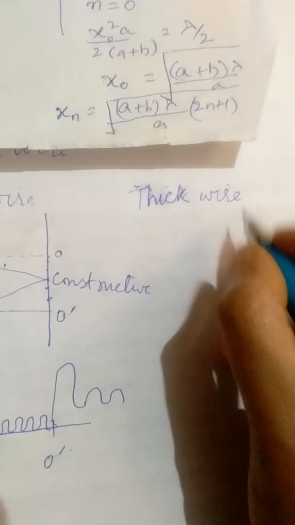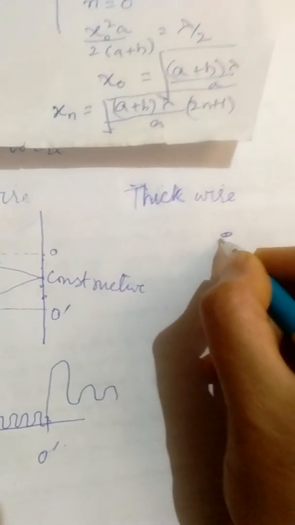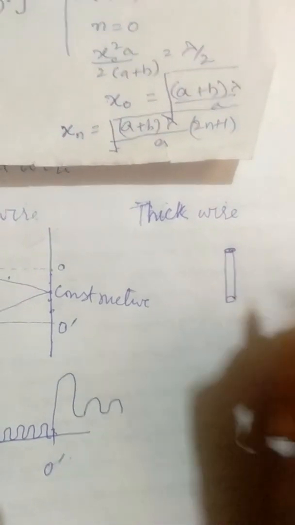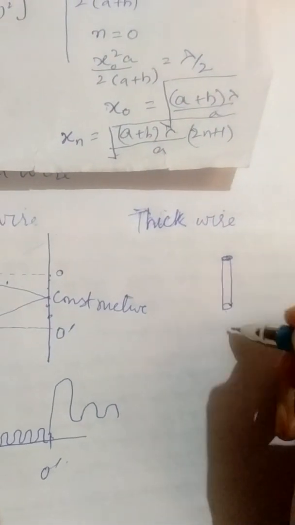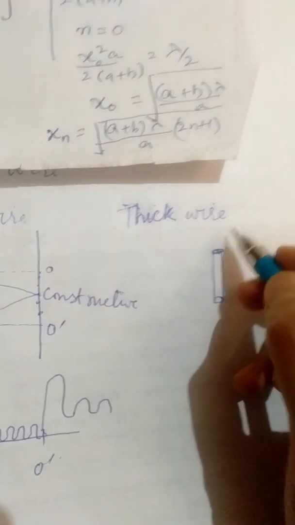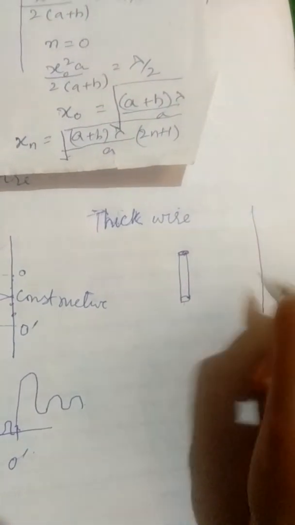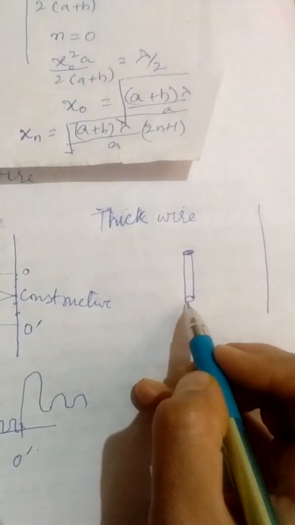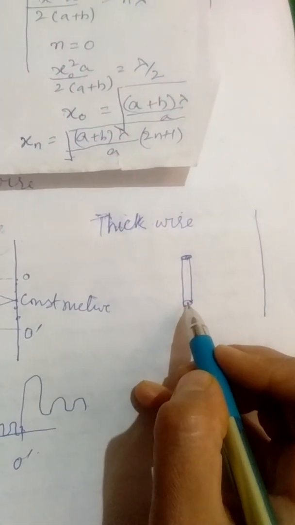Now, in case of a thick wire, that is, when the diameter of the wire is relatively large, what will happen? Both the ends of the wire will still act as edges. And we will have a diffraction pattern on the screen due to this edge and due to this edge. But because these are not point sources anymore, they will not be coherent.